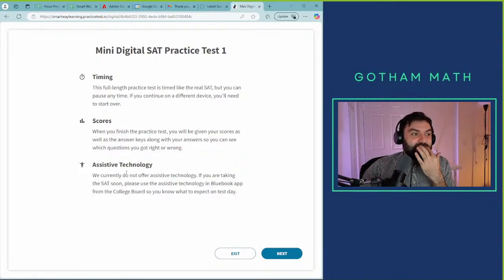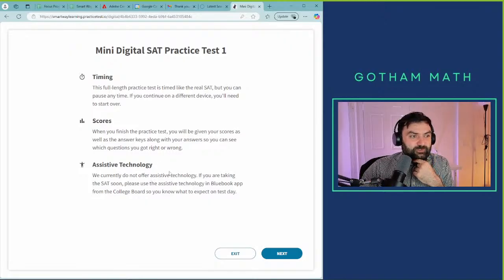Okay, assistive technology. We currently do not offer assistive technology. If you're taking the SAT soon, please use the assistive technology in the Bluebook app from the College Board so you know what to expect on test day. What does that mean, assistive technology? Because they do provide you with decimals.